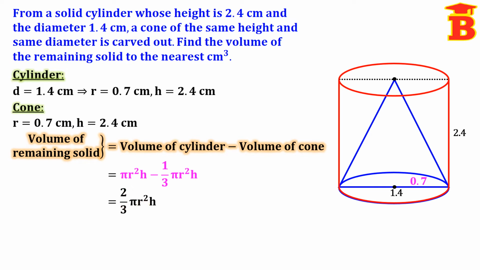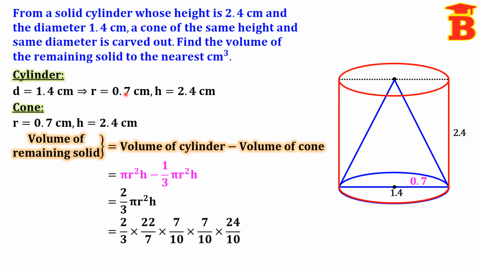So here note that pi r squared h is common. So this is 1 time minus 1 by 3 times. Taking 3 LCM, 3 minus 1, 2 by 3. So 2 by 3 into pi r squared h. This is equal to 2 by 3 into pi value 22 by 7 into r square.